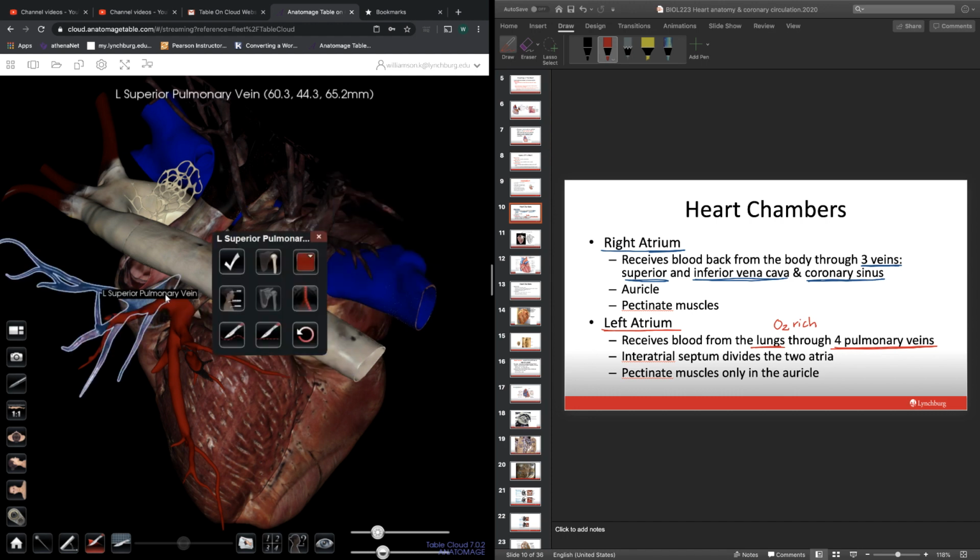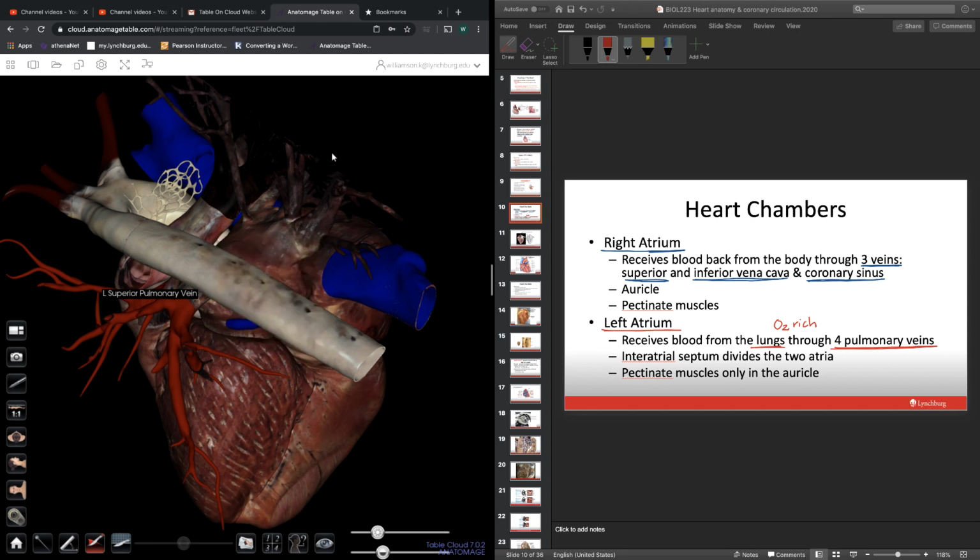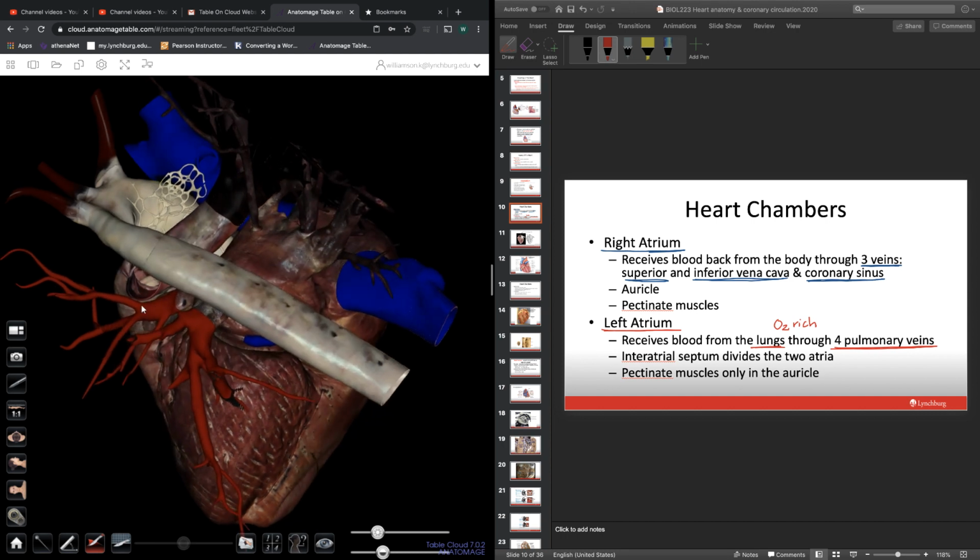Then just superior to that, we're going to see a left superior pulmonary vein, both of these draining blood from the lungs back to the left atrium.